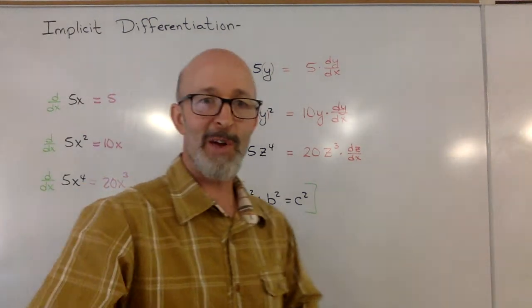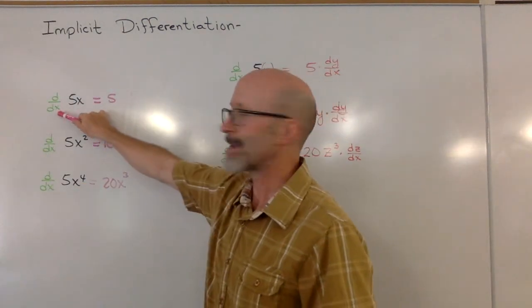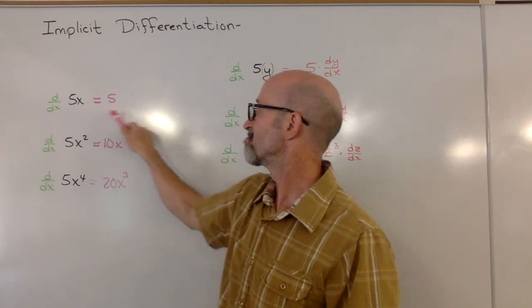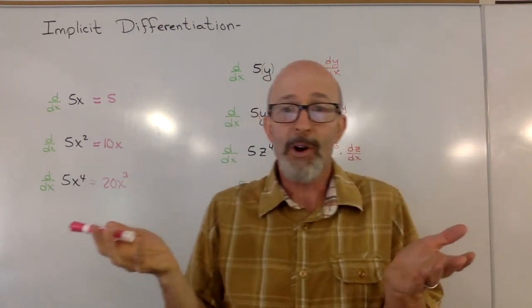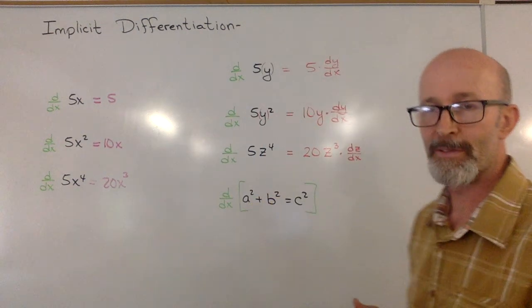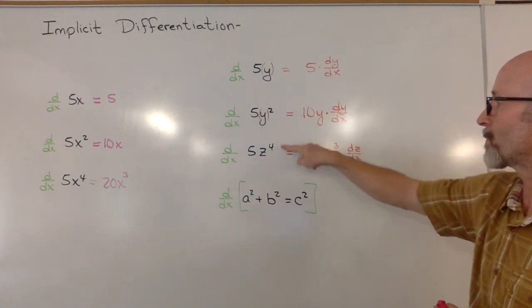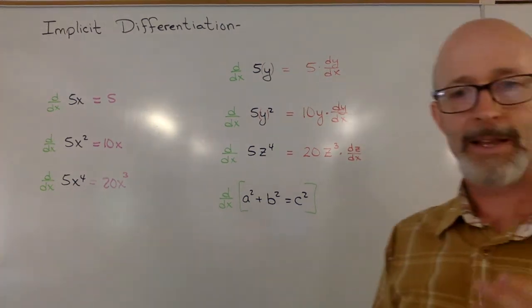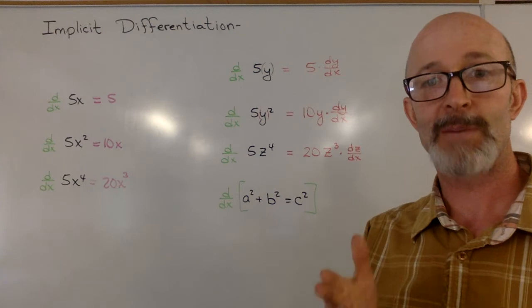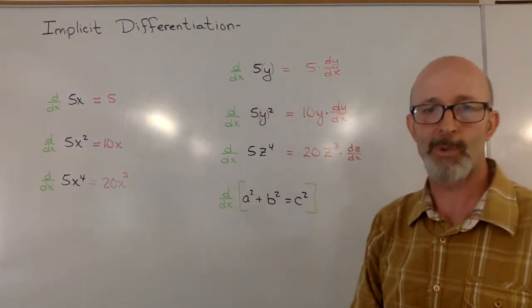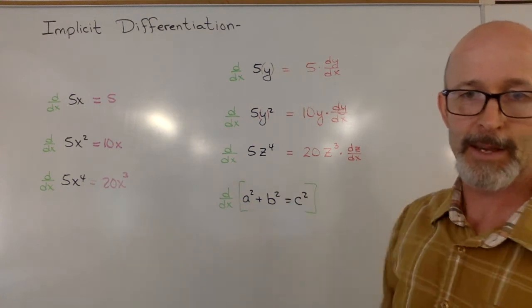So when the variables match up, I'm taking the derivative with respect to x of a variable that's x. You don't need to bother writing down that extra little portion, but when the variables don't match up, you do need to remember to put down that extra little derivative symbol, the dy over dx, the derivative of the inside part, the derivative of y, or the derivative of z.